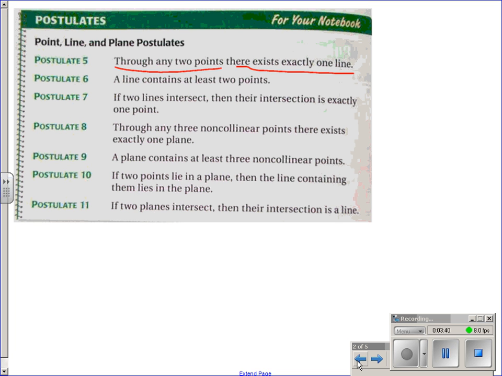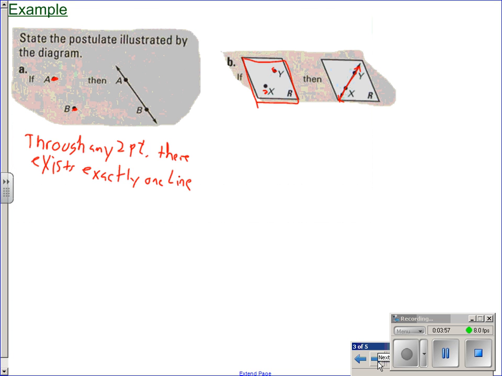It says in postulate 10, if 2 points lie on a plane, that's what we had in the picture, then the line containing them, those 2 points, lies on the plane also. And so that statement can be verified with postulate 10. We have the 2 points on the plane. We now have a line on the plane. And we know that line is on the plane because of that postulate.